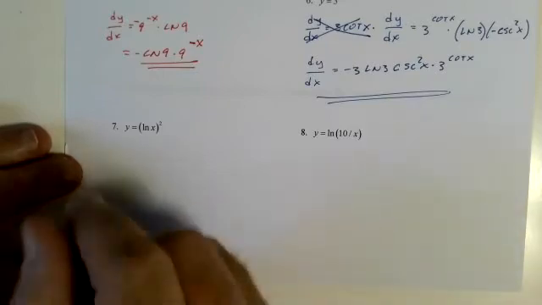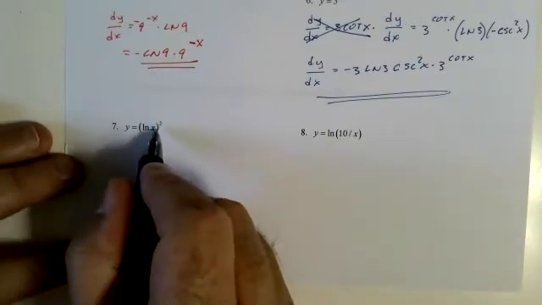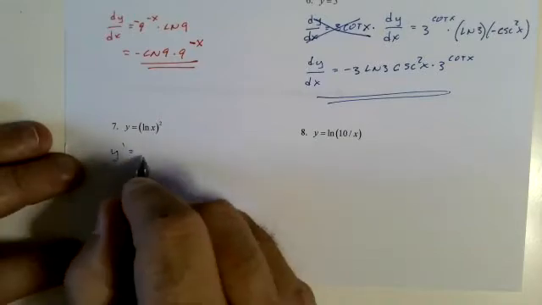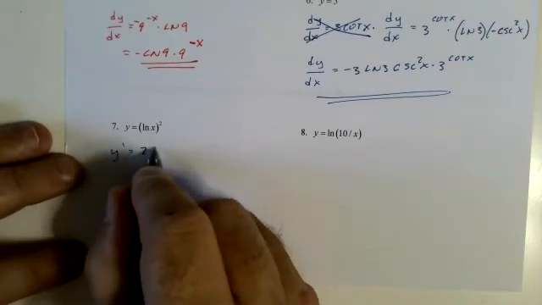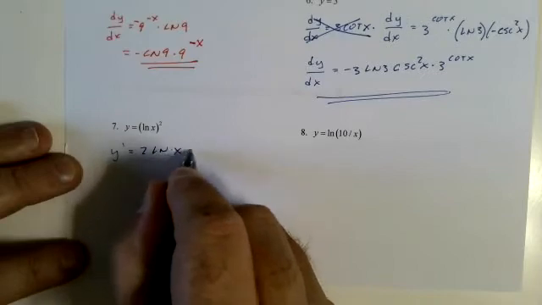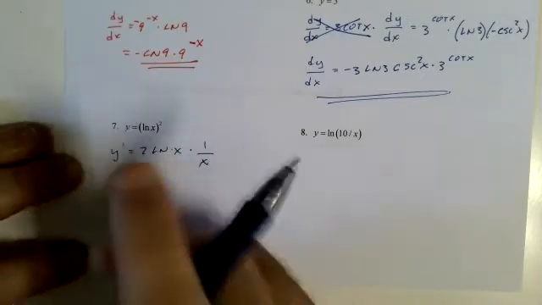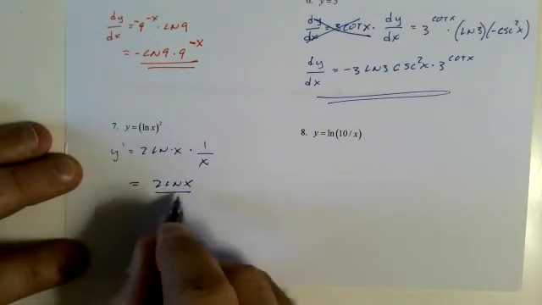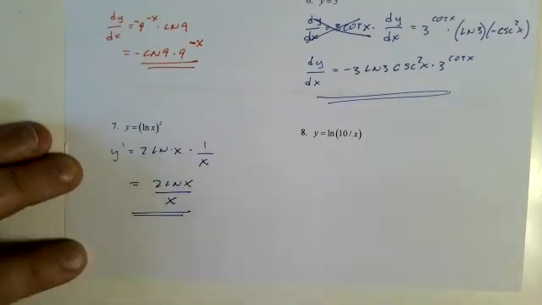And this one's always fun because is that x to the x squared, is it? So y prime equals 2 ln of x times 1 over x, which is 2 ln of x over x.